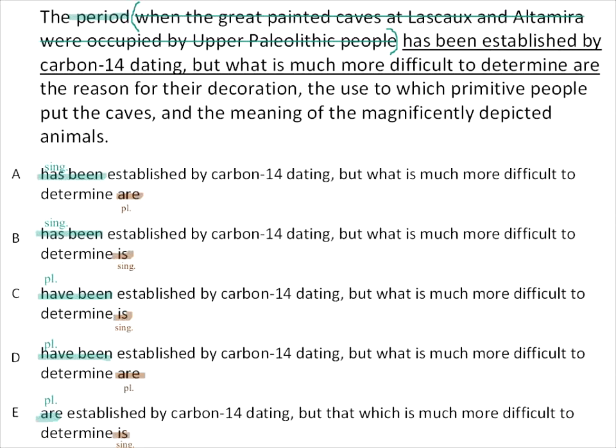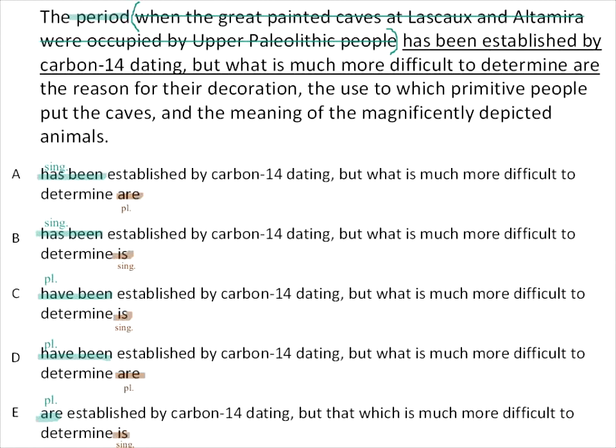Okay, any other opinions on what is the subject? So far, everything that everybody has typed is wrong. The subject is not the reason, and it's definitely not the reason we use and the meaning, because that would be plural.